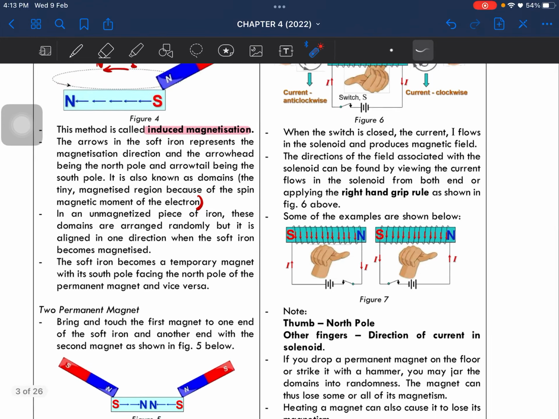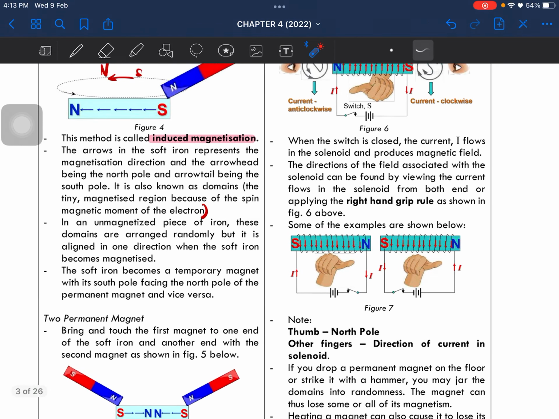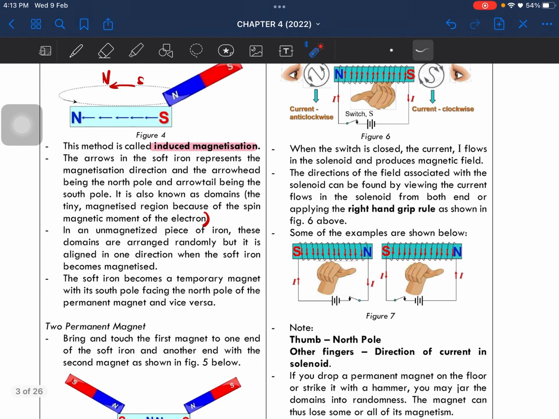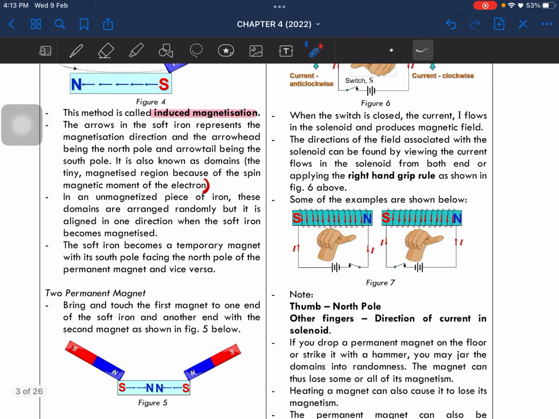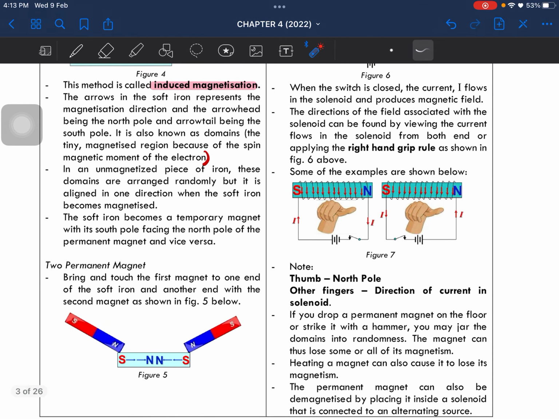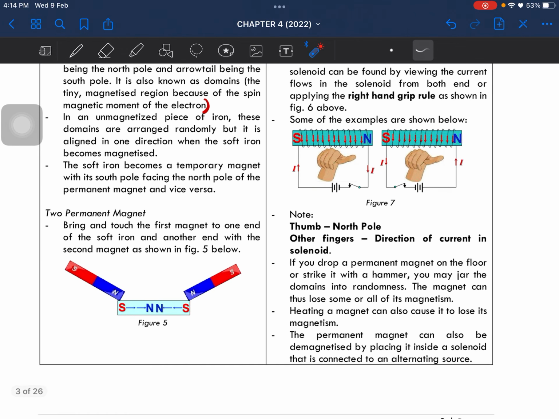Okay, so the soft iron will become a temporary magnet where its south pole will face the north pole of the magnet and vice versa lah. So that is induced magnetization using one permanent magnet. For two permanent magnets, do the same thing, and it gives us the same result lah.